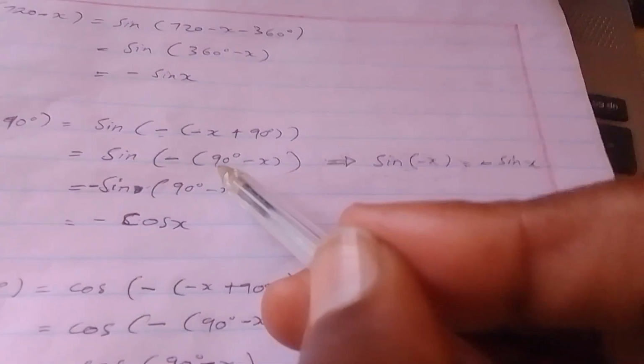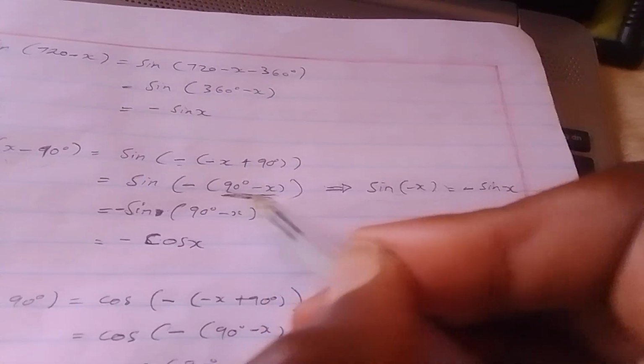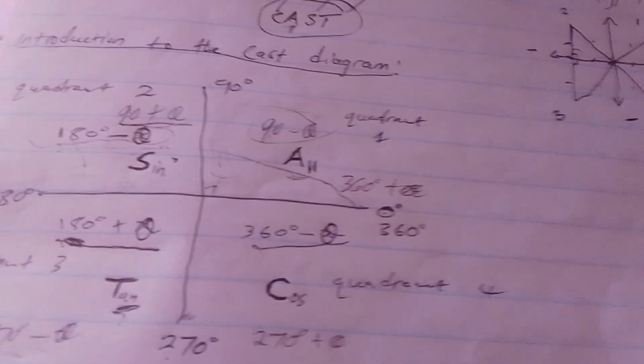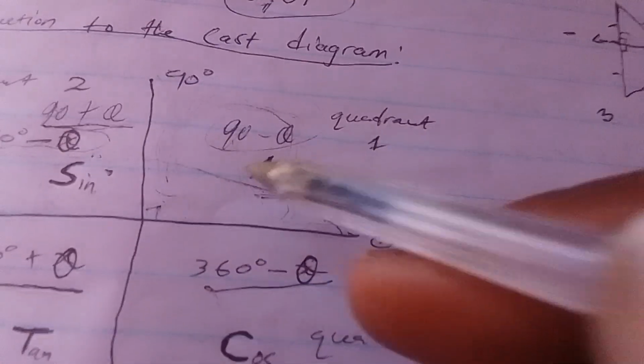Then you go and look at your quadrant on your CAST diagram. This one you can find on your quadrant, it is 90 minus. Okay, it was 90 minus, so you can find it on your first quadrant.